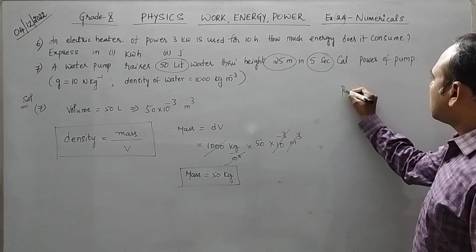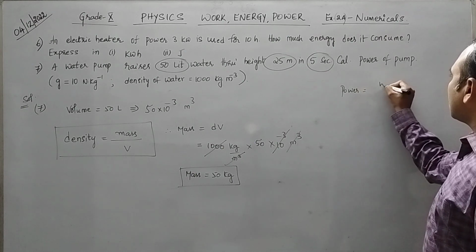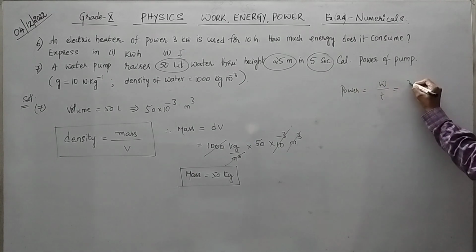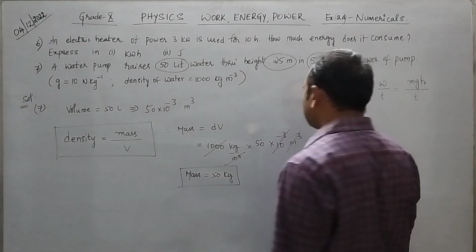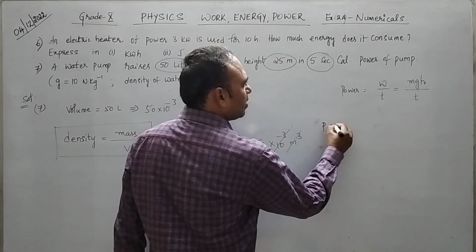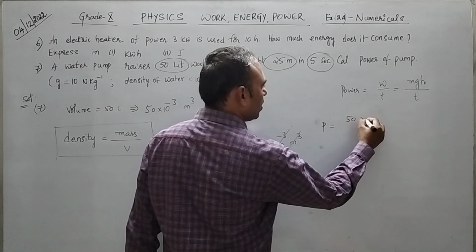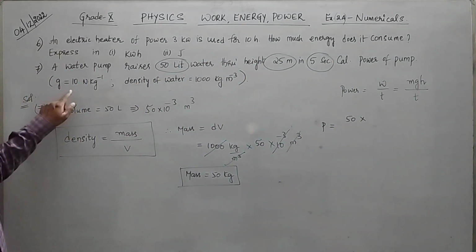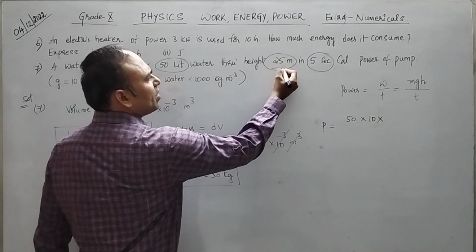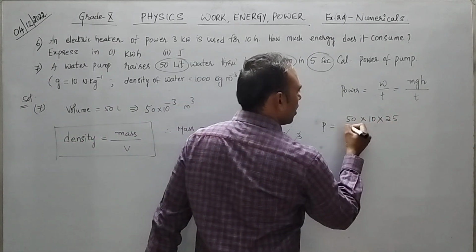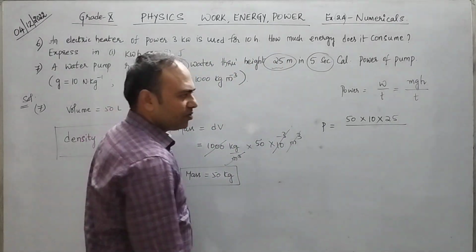We know that power is work by time, and work formula you know, mgh, hence you substitute the values here. So power is equal to mass 50 kg into g 10. What is the height? That is 25 meter, and in time 5 seconds.